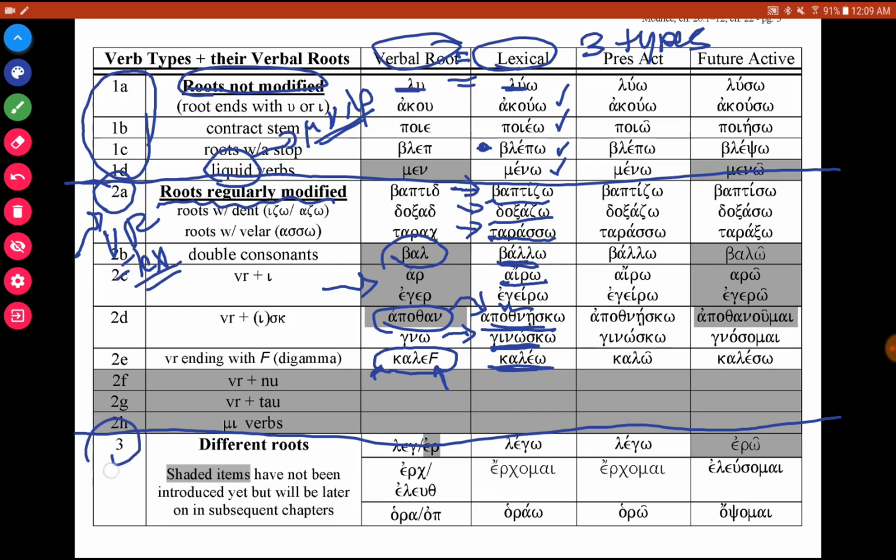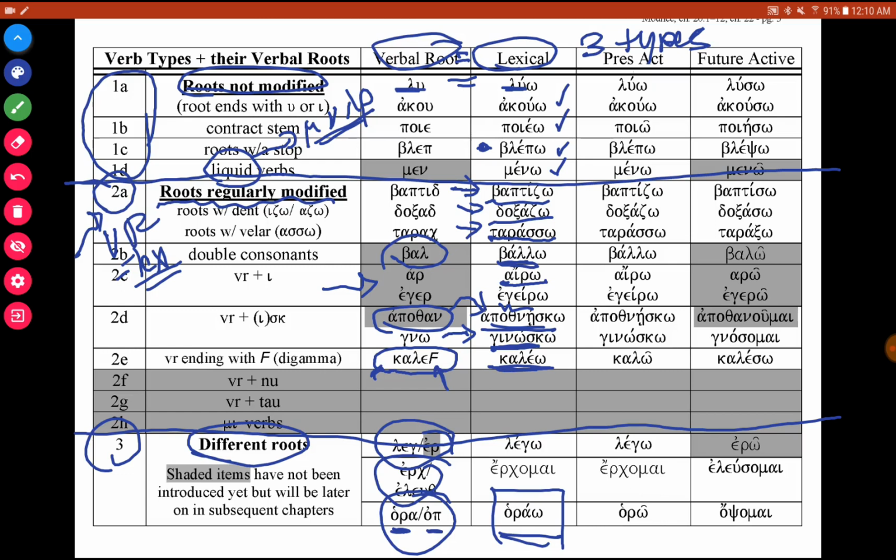Lastly, the toughest verbs to learn are the ones that have more than one verbal root. So yes, there are words that have more than one verbal root. What's interesting, for example, with horao, which means I am seeing, it has hora as a verbal root, but also opt, like in optometry.